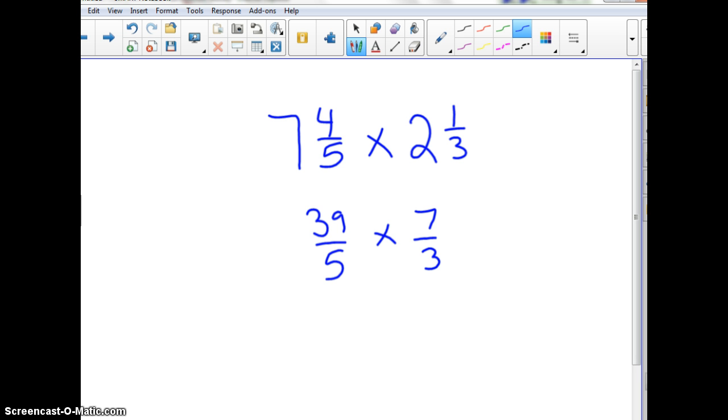Is there anything we could cross-check here? What is it, Aaron? Lingen? That's right. What's the biggest number that'll go into both? How many 3s are in this? How many 3s are in this? Okay, now we can multiply our tops and our bottoms. Once you do it, check yourself with my board.